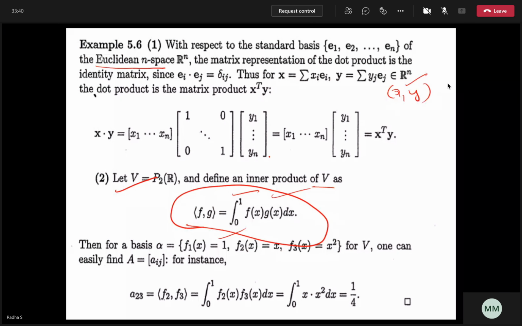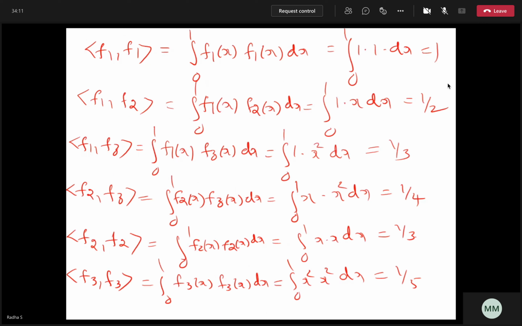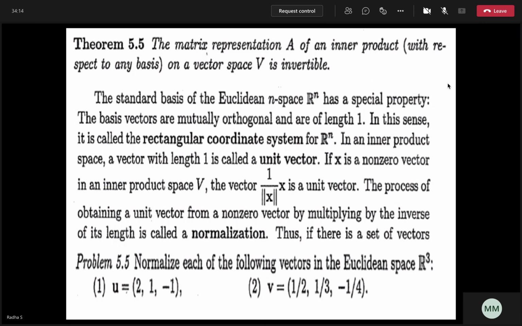With respect to the standard basis for R power n, where the vector space is R power n and the basis is the standard basis, the matrix of the inner product is always the identity matrix. The inner product is simply the dot product. You can define it in another way also, that is up to us. That inner product is the dot product, also sometimes called the Euclidean inner product.